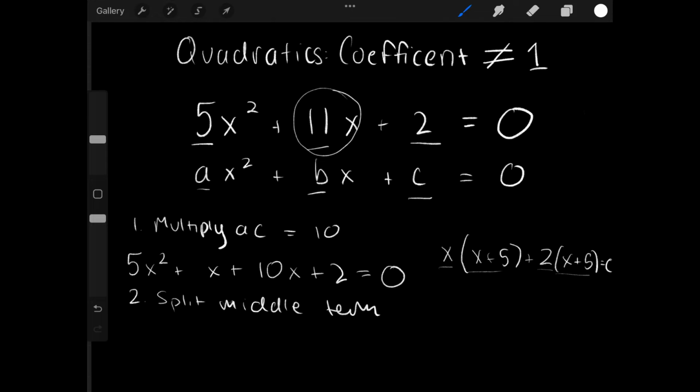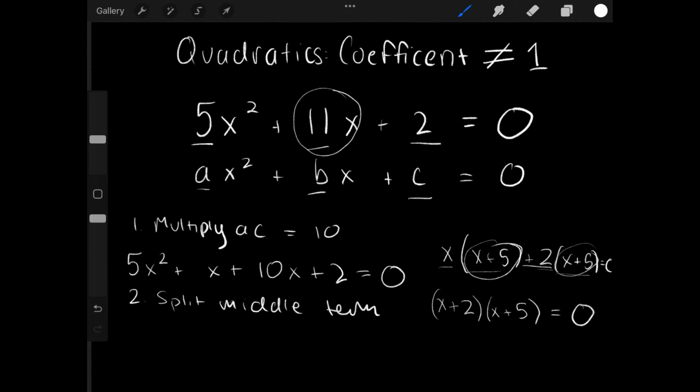So if these two were different, we couldn't combine the x and the 2. So a good way to know that you're solving the quadratic correctly is if the two binomials are equivalent. So if you have x plus 5 and x plus 5, or etc., you're on the right track. So now we combine the x and the plus 2. So x plus 2 times x plus 5 is equal to 0.